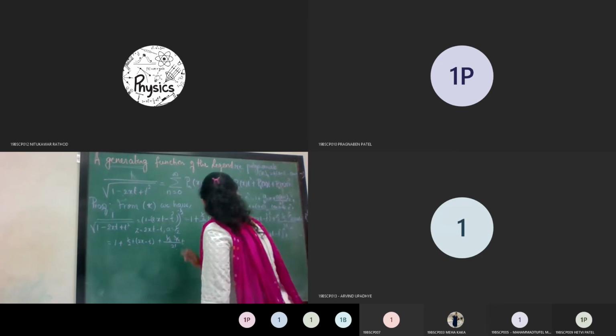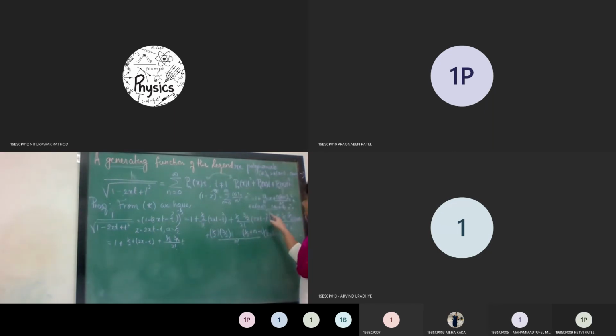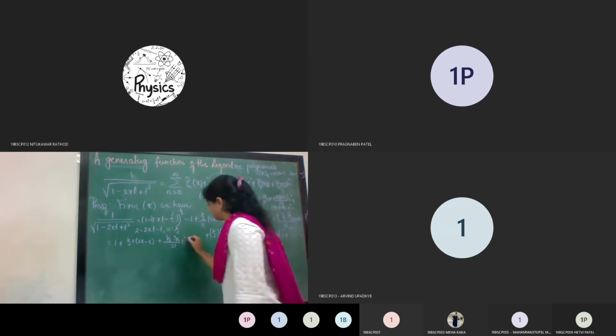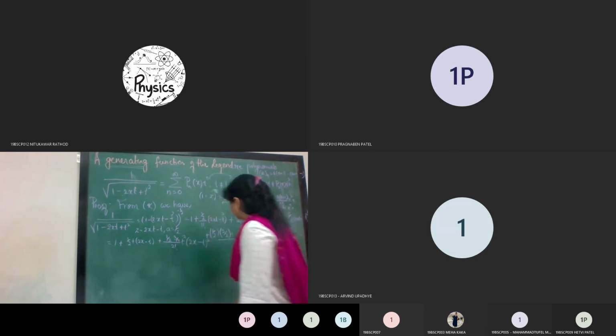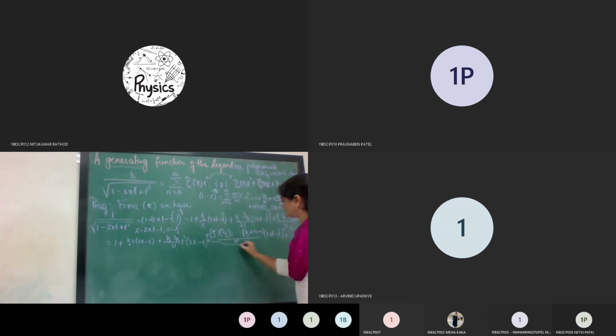And now, see, this is the power square. This is the quadratic power. So when I consider t common from this bracket, it will be t square. So t square and the remaining term is 2x minus t whole square. Plus next term would be, when I consider t common, it will be t cube, right?